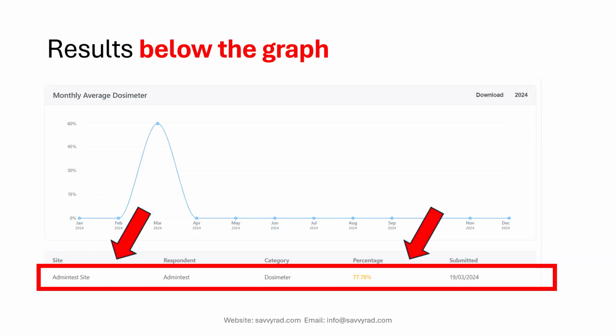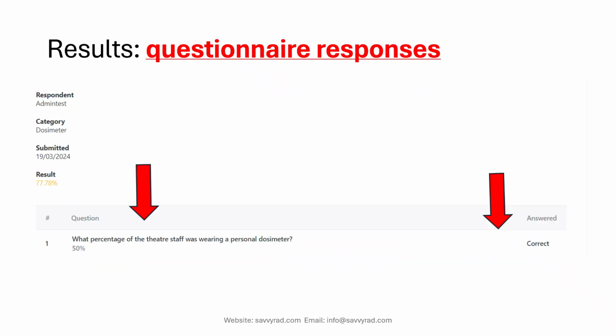And note at the bottom of the graph, you also have results. If you click on one of them, there will be a list. It will show the questionnaire responses. And that can be talking points when you have in-service training or team meetings.